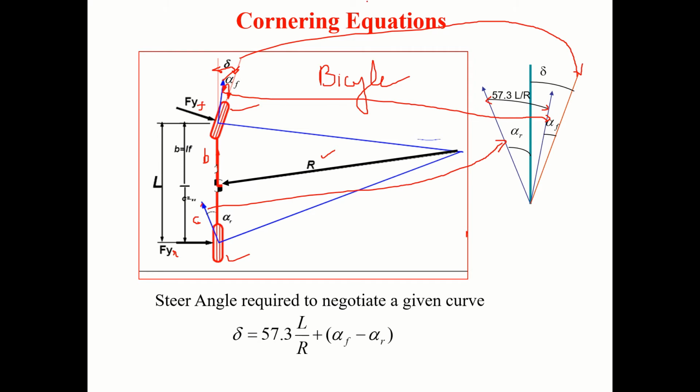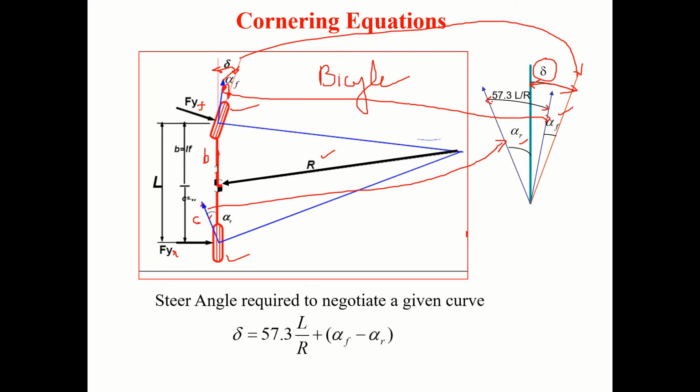But we have steered delta. Delta is the steer angle. Between this and the angle, whatever we have, this tire slip angle is, you should have gone here, but it's going like this. So this is alpha F, and this angle is alpha R. Is that okay? So from here, what can we write? What is delta equal to?